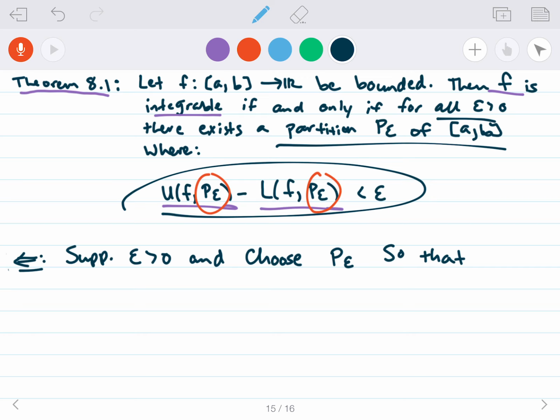And now we're trying to show that f is integrable. So we're trying to show that the upper integral equals the lower integral. So that U f P sub epsilon minus L f P sub epsilon is less than epsilon.